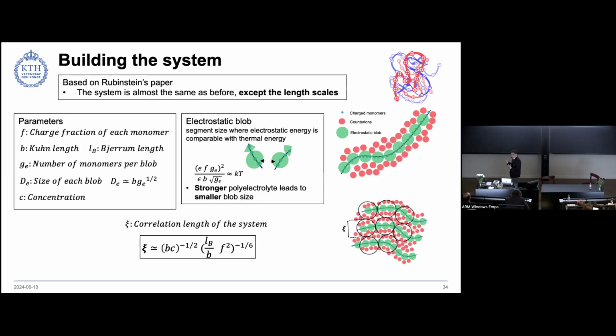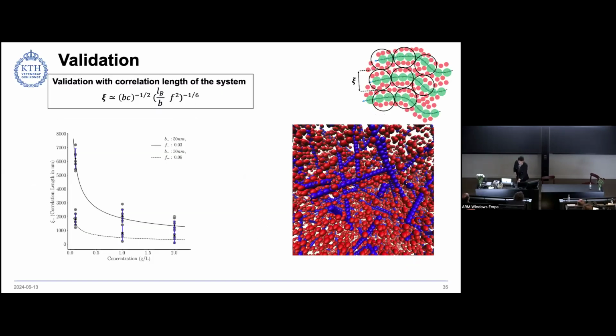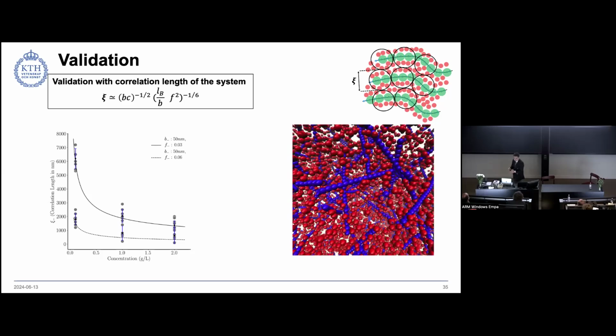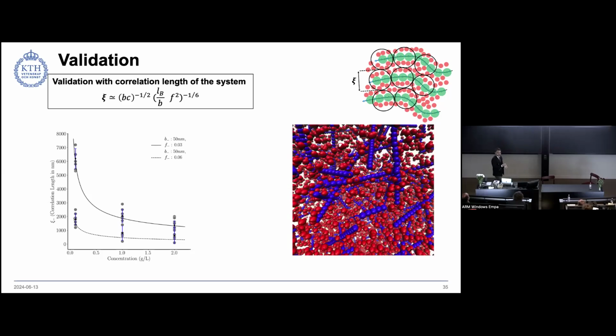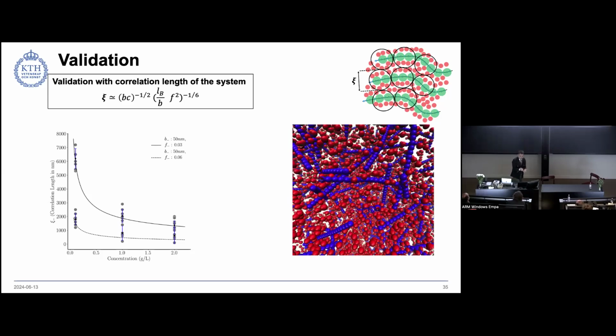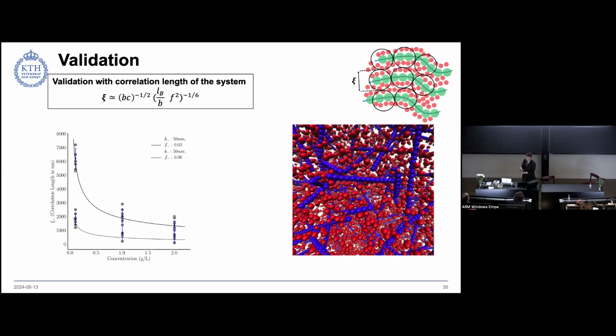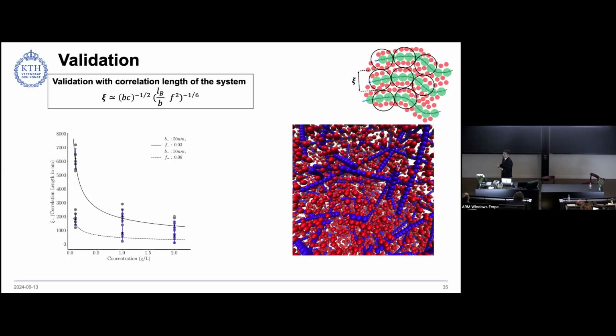And in the paper, they propose correlation lengths of the system, which is the mean distance between the polyelectrolytes when the counter ions are between them. So what I did was create a simple system with polyelectrolytes and their counter ions, let it go, and measure the correlation lengths of the system.